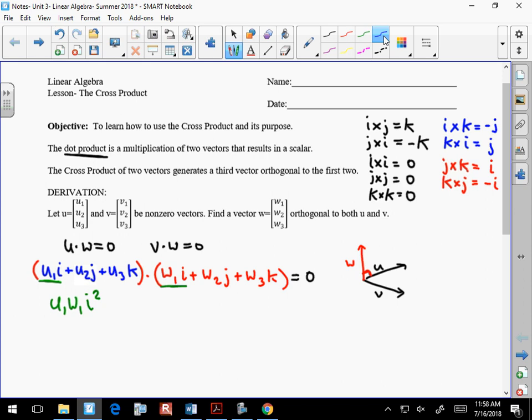They're actual vectors. This is vector i. So it doesn't have a value of 1. It has a value of 1, 0, 0. So when I write i squared here without the magnitude symbols, it's shorthand for i dot i. So we'll have to dot these together in a second.